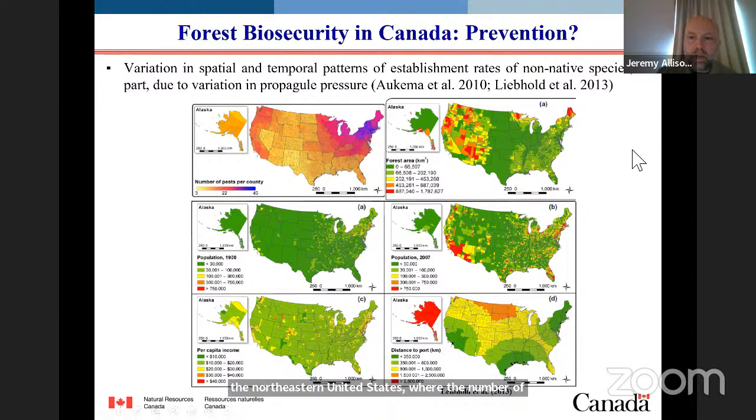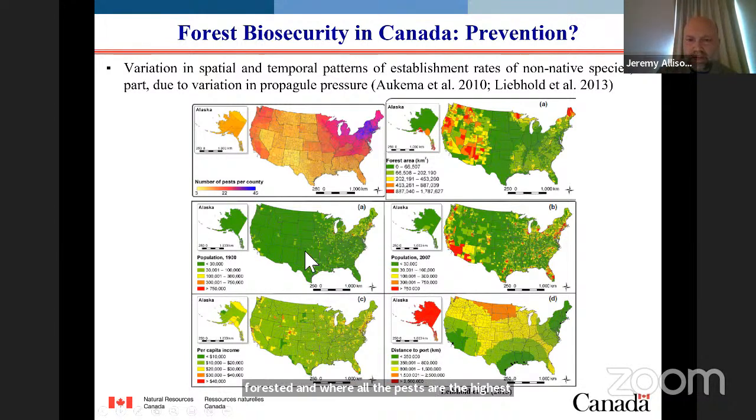And so then what drives that pressure or the number of pests that we see? Then you're looking also on the top right at the forested area in the United States. And what we see is that there isn't a really good fit between the area forested and where the highest numbers of pests are being detected.